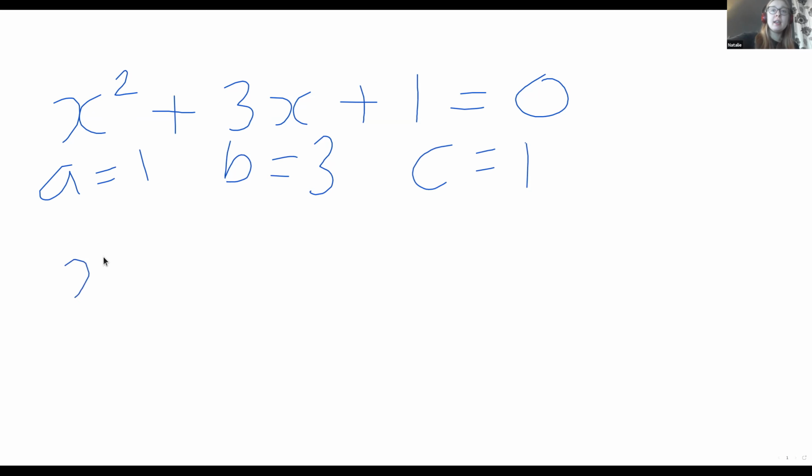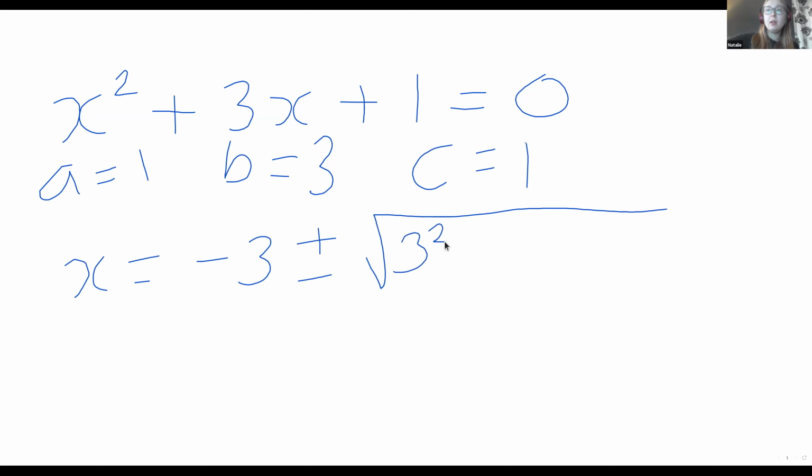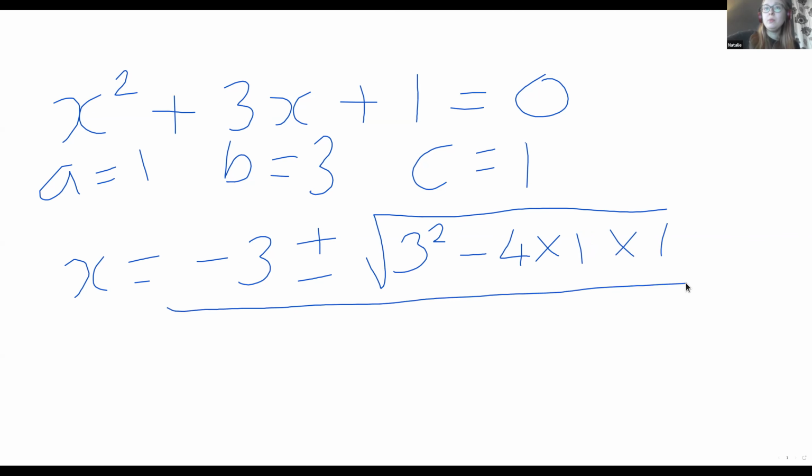Because if I can say that x is equal to minus b, so minus 3, plus or minus the square root of 3 squared minus 4 times 3 times, no, not 4 times 3. Gosh, I can't even substitute right. See, teachers aren't perfect. 4 times 1 times 1. Oh my goodness. All over 2 times 1.